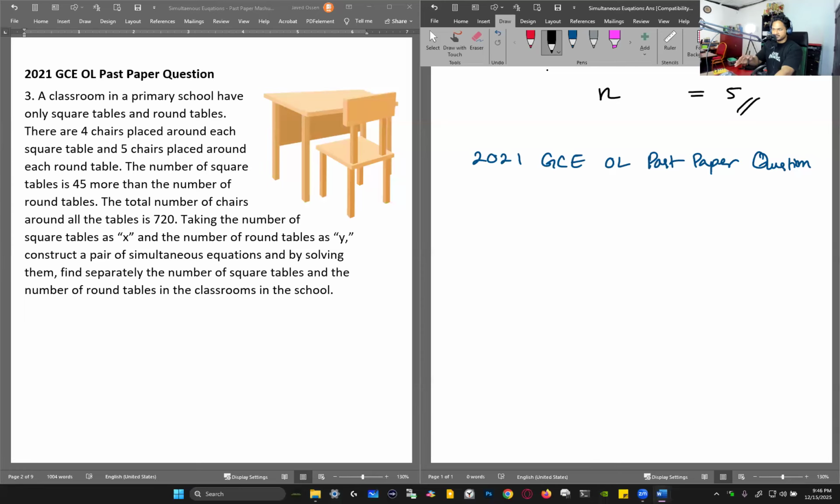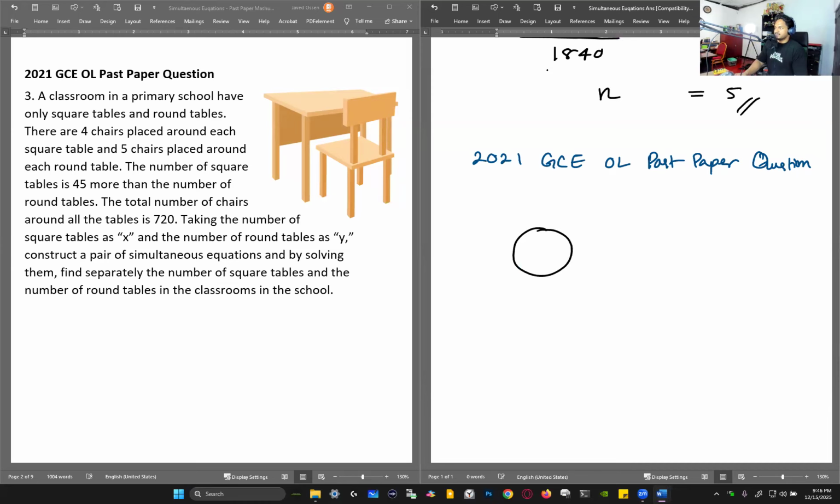A lot of students start writing straight away. No, draw the image. Think like an engineer. What is the first thing an engineer does? Draws a diagram, right, Miss Fatima? He draws a rough diagram. There are circle-shaped tables, and what's the other shaped table? Square.